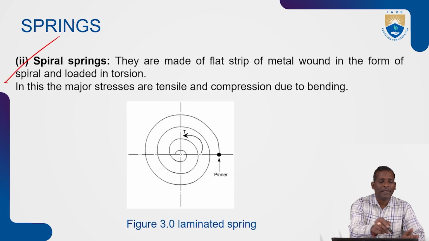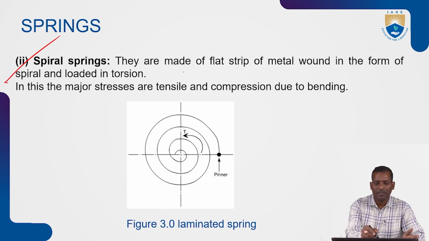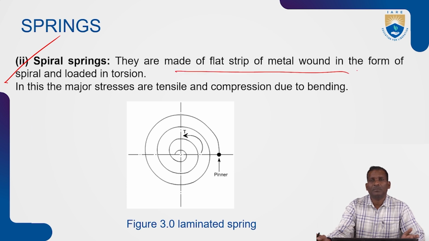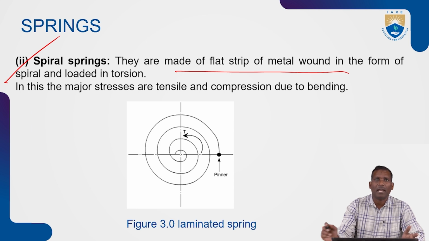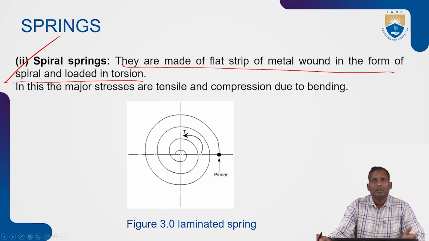Next, the second type is spiral springs. They are made of flat strip of metal wound in the form of a spiral and loaded in torsion.